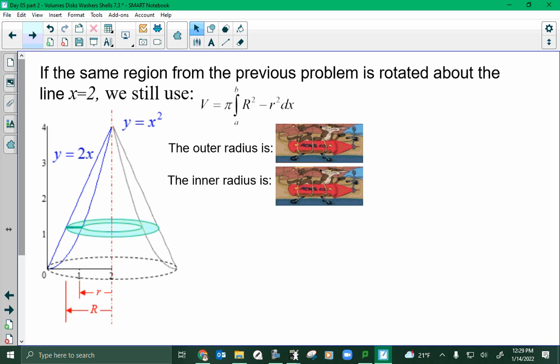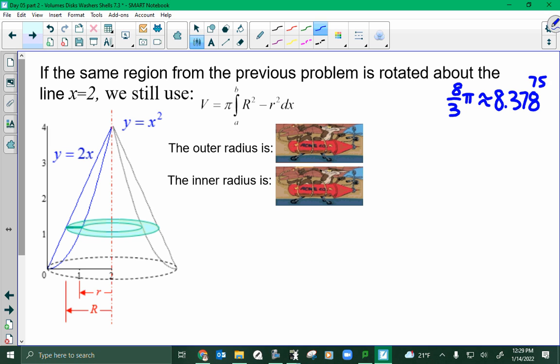So we should technically get the same area, 8 thirds pi, which is approximately 8.378. Remember, that was like a 7 and a 5, but we rounded the 7 up. So in the back of my mind, I know this should be the answer.